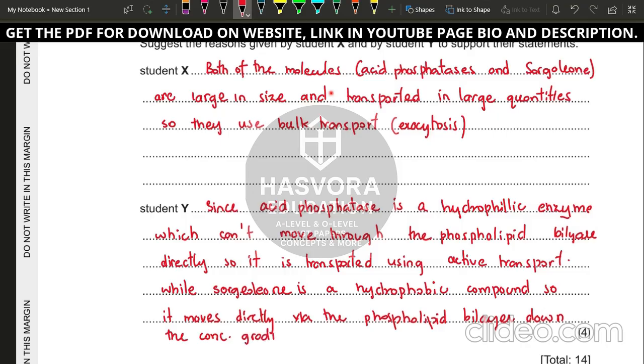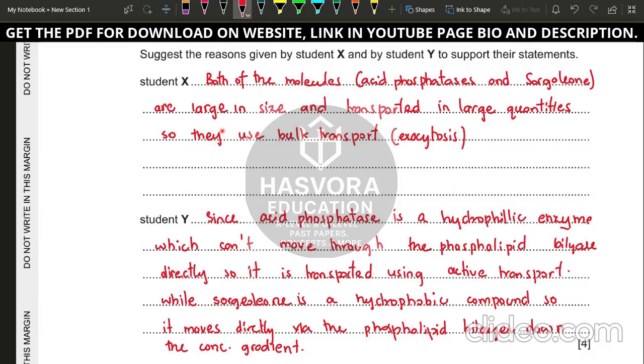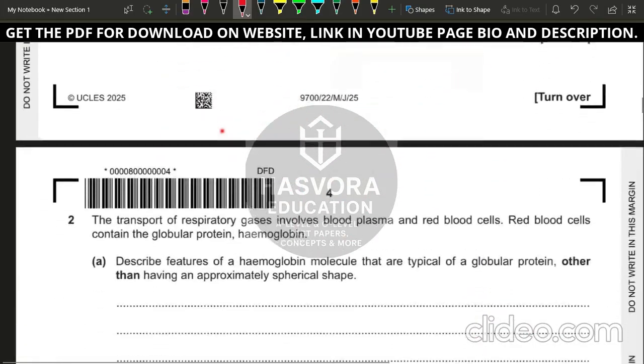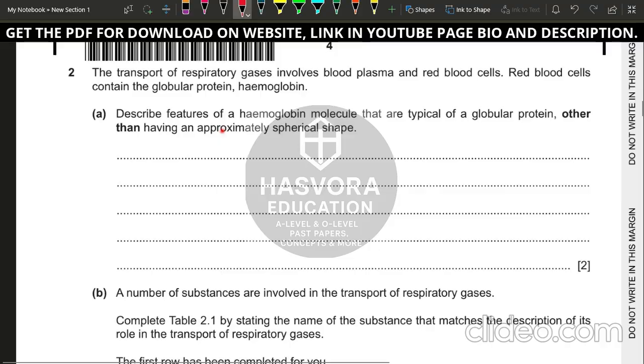Okay, so this is how you will actually support both of the verdicts using the transport mechanism and using the knowledge about the molecules that you have. So this was for 4 marks, and let's move on to question number 2.